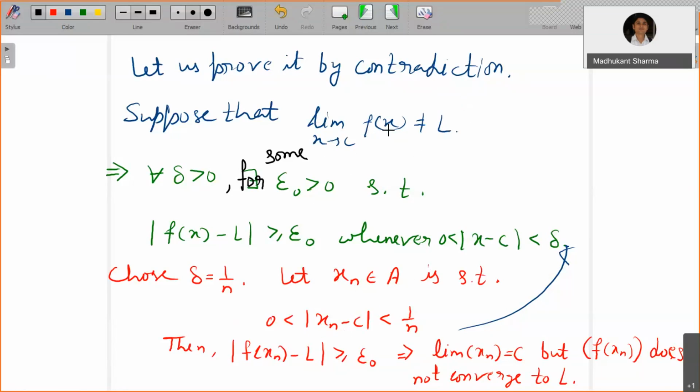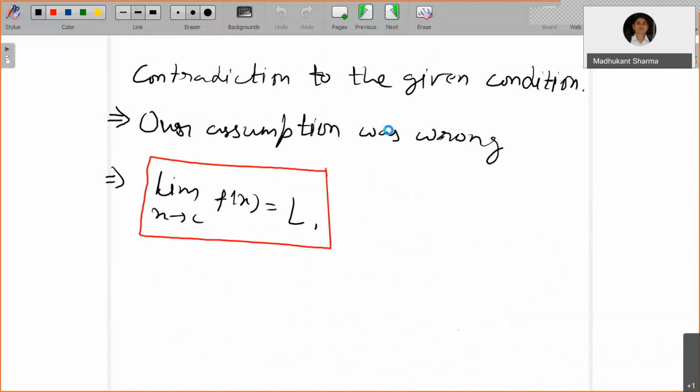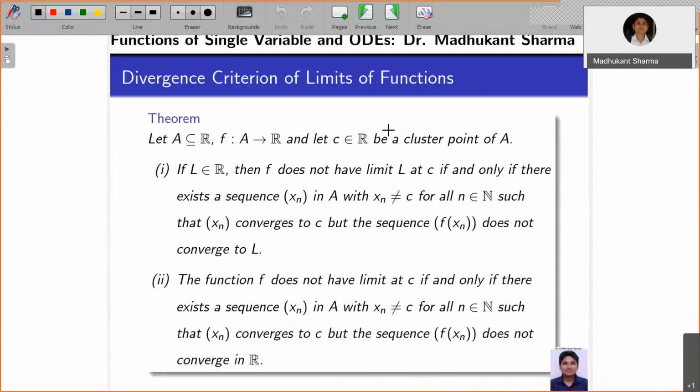Okay, right. Now, the final result here is nothing but the negation of the above result.